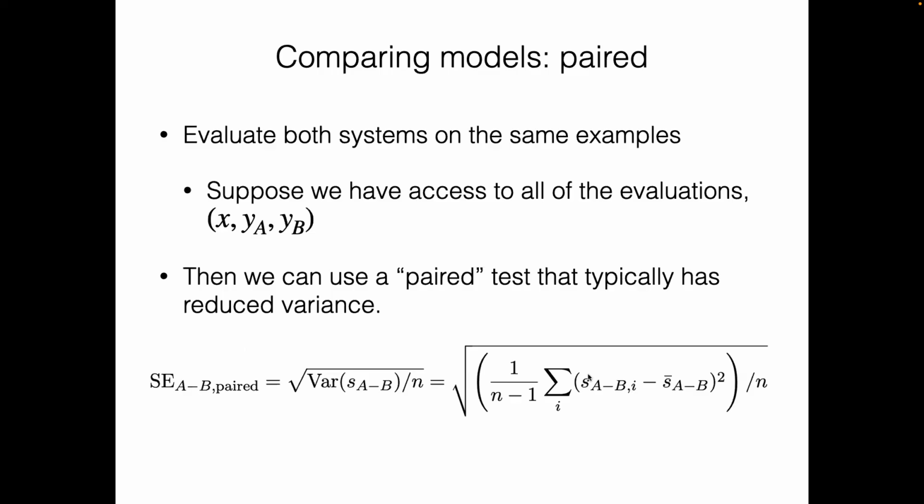And the reason is that, let's say on a math word problem data set, some of the problems are probably pretty easy. And so both systems are, with high confidence, going to get those problems correct. Whereas other ones are harder and maybe there's more variation. So this takes that into account in some way.